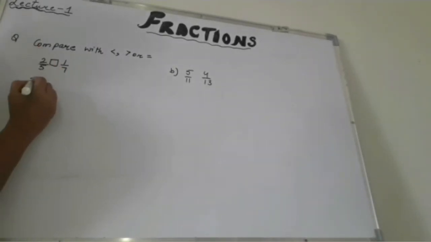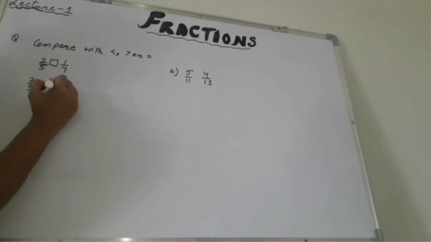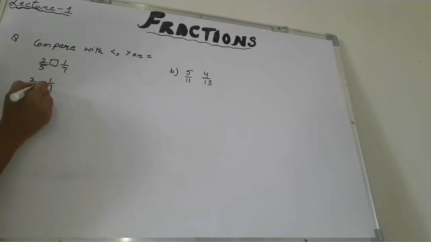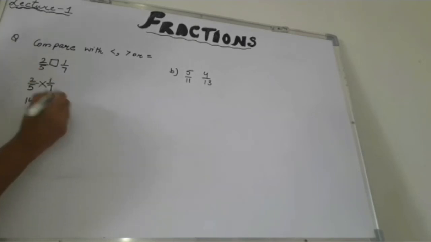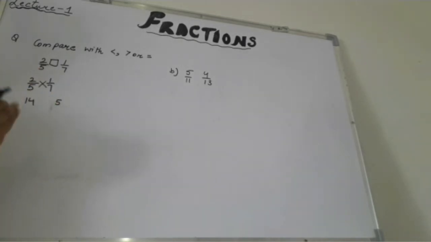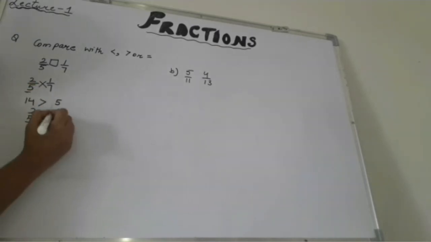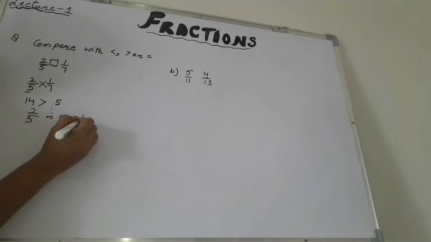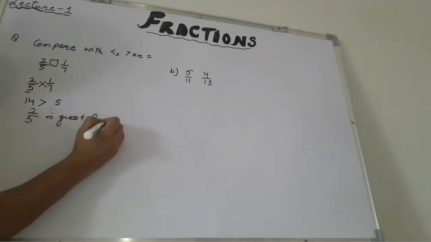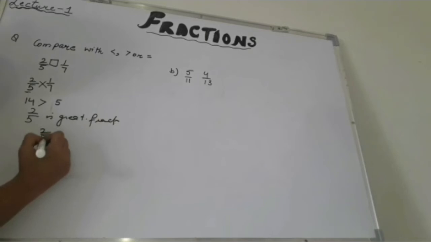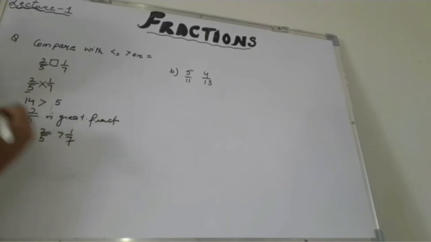With 2 by 5 and 1 by 7, just cross multiply, you get 14 and here you get 5. Right? Then which is greater? Yes, 14 is greater. So you easily came to know that 2 by 5 is the greater fraction. Okay? That is, 2 by 5 is greater than 1 by 7.